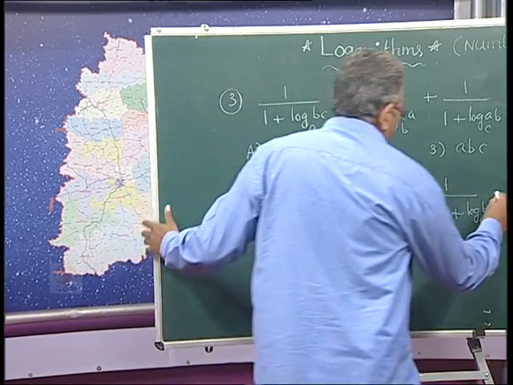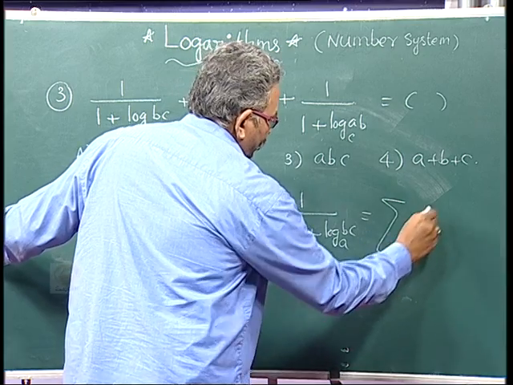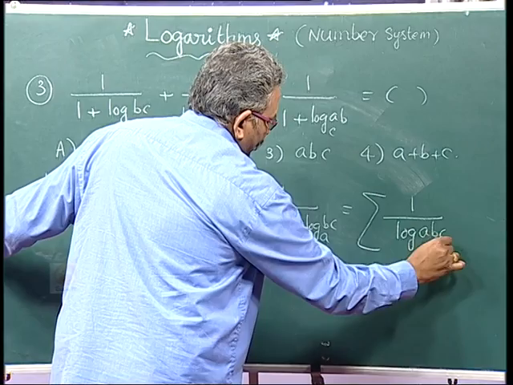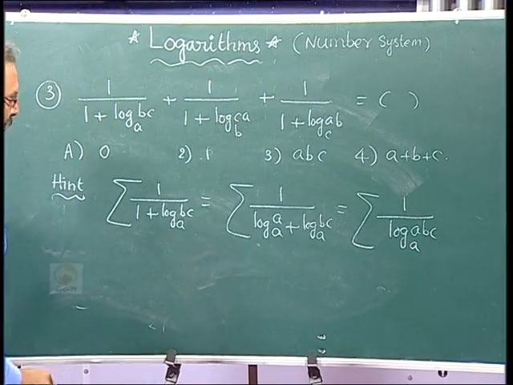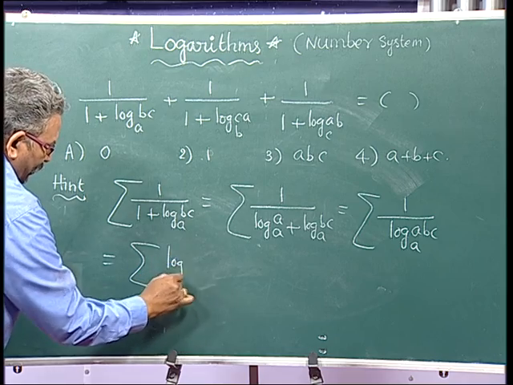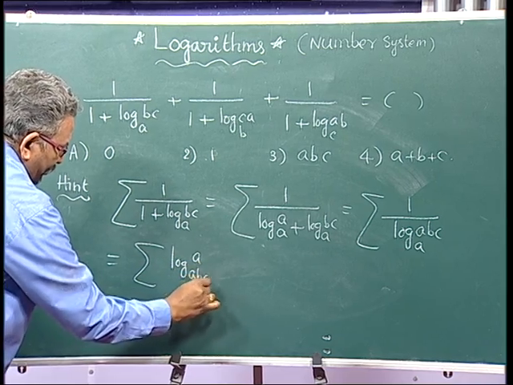So, this equals sigma 1 by log of ABC to the base A. So, this can be written as sigma log A to the base ABC.